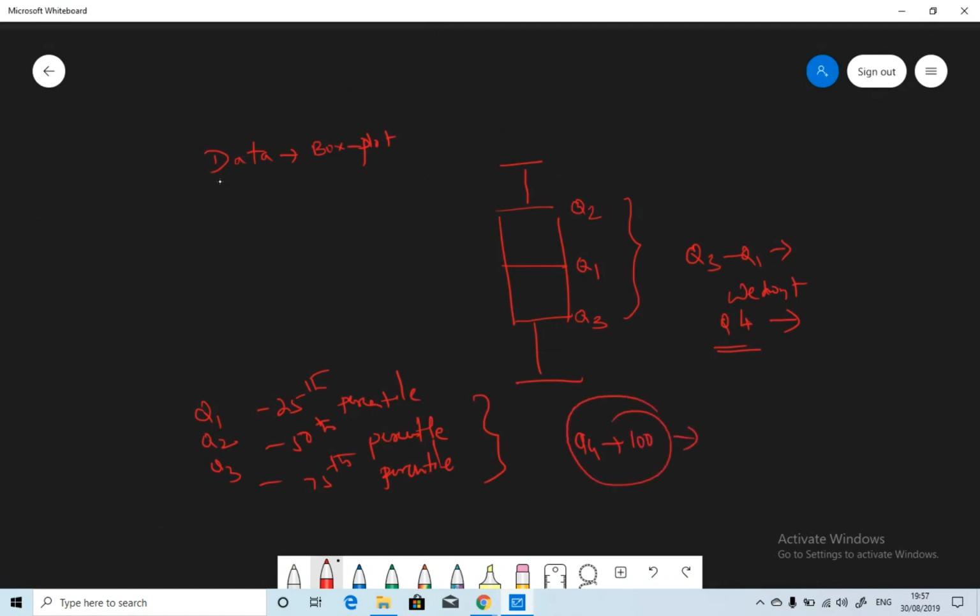We are not going to consider the 100th percentile, so Q4 is out of scope. So IQR only stands with Q3 minus Q1. Guys, clear or not clear?